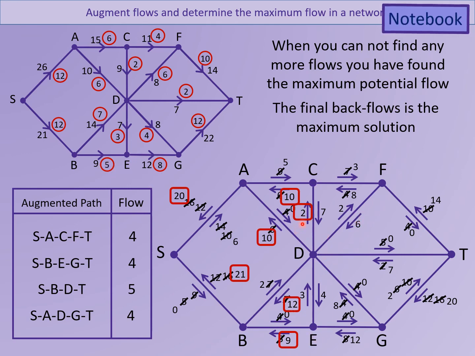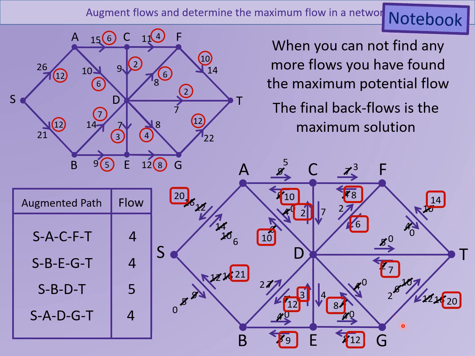This one, be careful, the backflow there is 2. The backflow there was 3, so that didn't change. That one there is 8. This one here, opposite direction, is 6. Opposite direction of that one is going to be the 8, and so on, just for the last few. Okay, so we've managed to work out all our backflows. Those are the very best flow through that network.